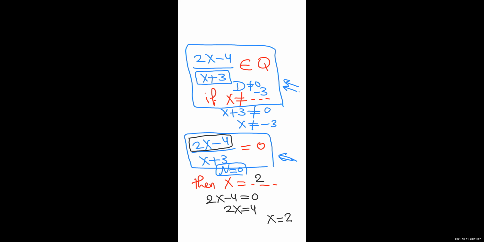If he said it belongs to the rational numbers, it will be the denominator not equal to 0. But if the number is equal to 0, the numerator equals 0. That's it. Okay, clear?